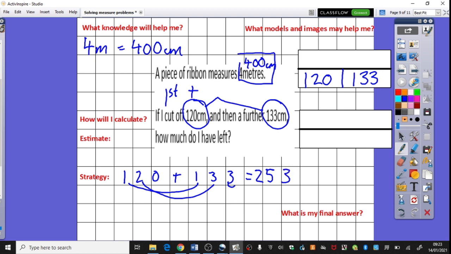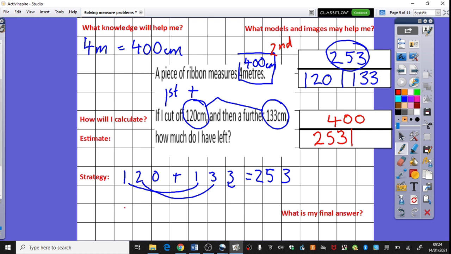So I've got 253, so a total of 253. Now I know that I need to subtract this 253 from 400. So our total is 400. I've changed colours just to show you once again it's the second step of the problem, and I'm cutting off my ribbon in one go.